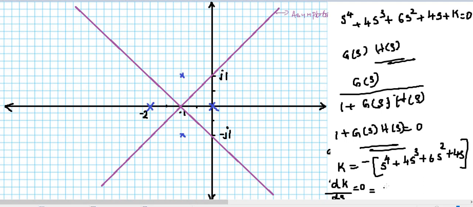This dK/ds will be 4s cube plus 12s square plus 12s plus 4 equal to 0.